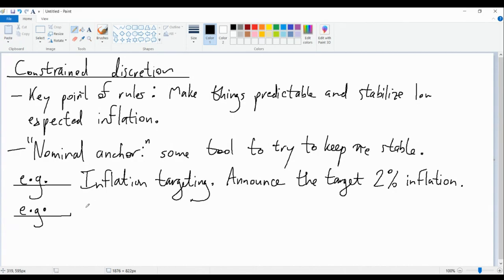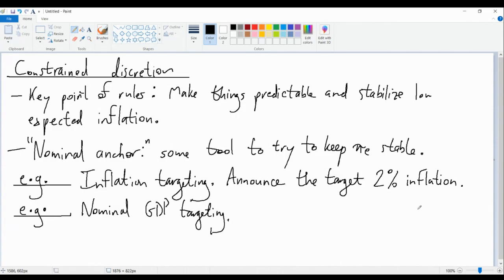The text mentions another form of constrained discretion, which is called nominal GDP targeting. Now, aside from what might or might not be the benefits of this, I guess the idea is if nominal GDP is growing at a constant rate, well, that mixes inflation and growth, right?